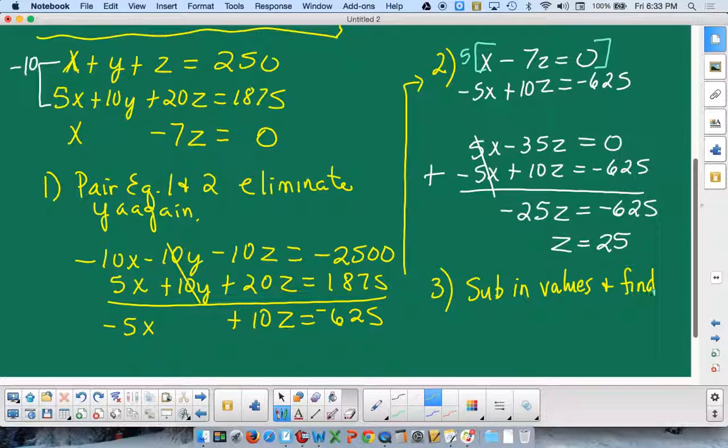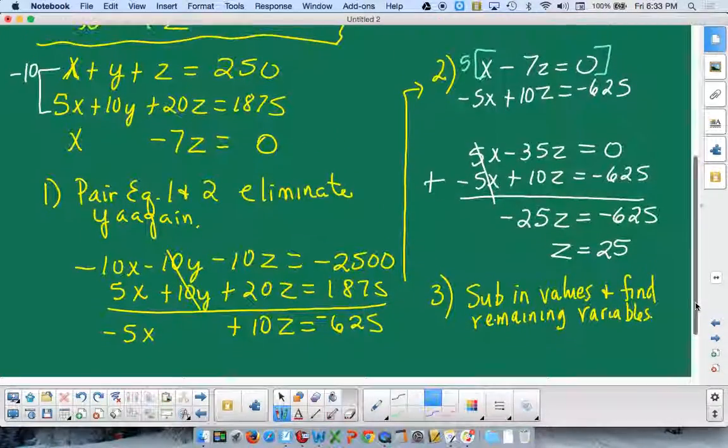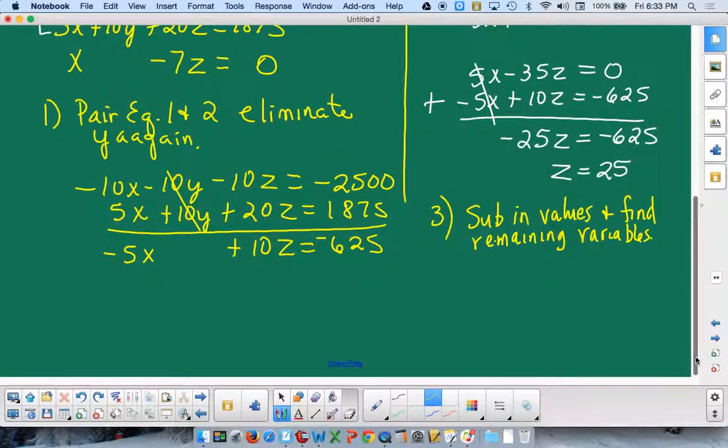And just label it as sub in values and find remaining variables. It looks to me like the x minus 7z equals 0 equation would be really easy. So I'm going x minus 7 times z equals 0.